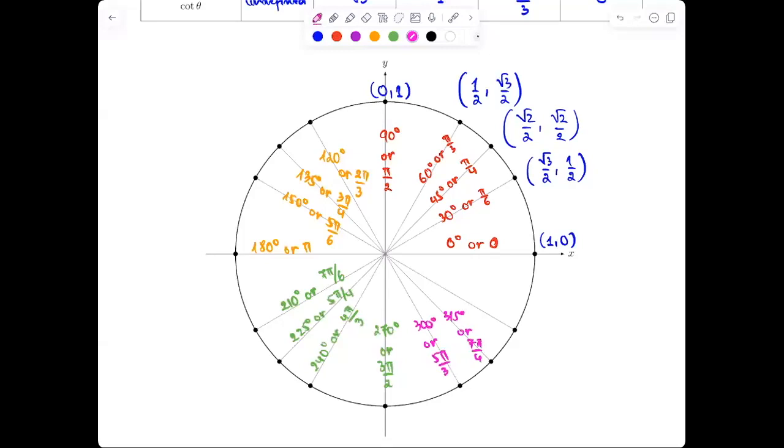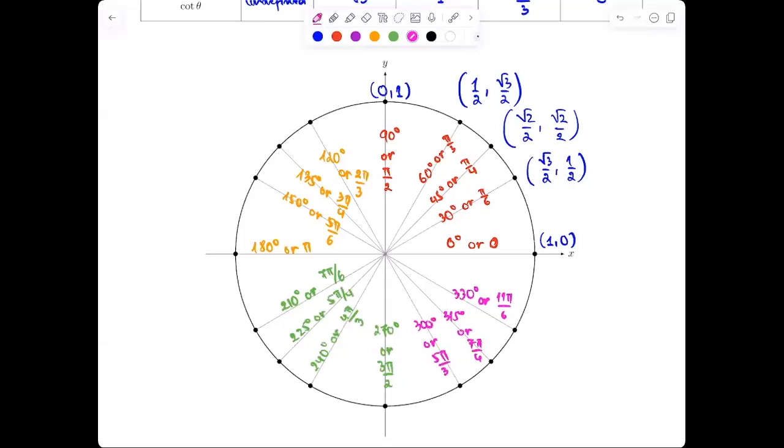And then 240, you add with 90, you get 330. Well, this is 11 pi over 6. You okay with that? So hopefully I just show you and you comprehend how to fill out the unit circle, all the spectrum.